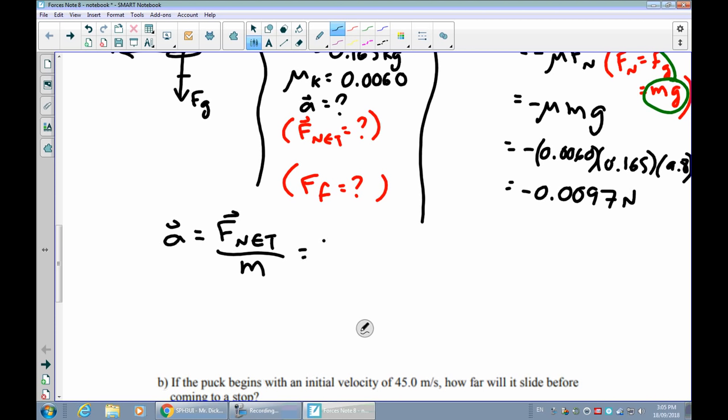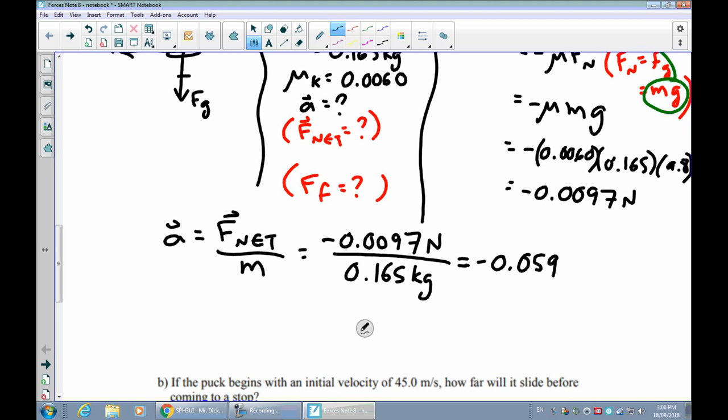So in this case, it's negative 0.0097 newtons divided by 0.165 kilograms. Do that little division. You get negative 0.059 meters per second squared.